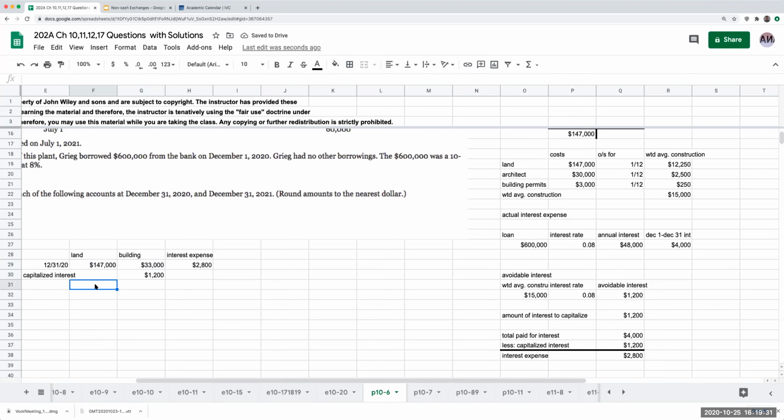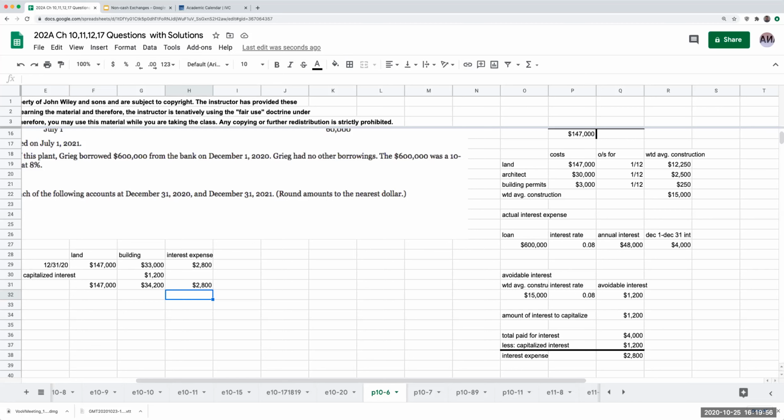So at the end of the year, the value of my land is 147. The value of my building is 34,200. And then lastly, my interest expense is going to be 2,800. Okay, so that helps me with this part of it.